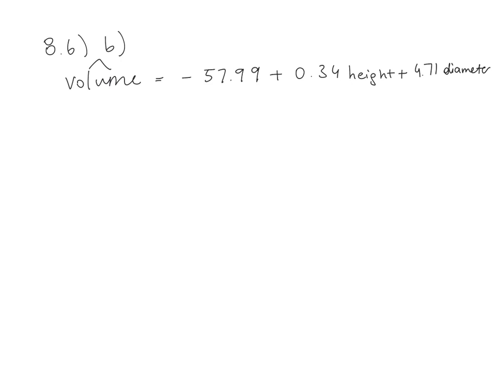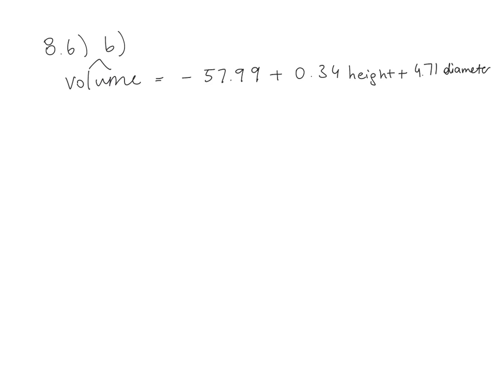So what we're seeing here is that the predicted volume of a tree is the intercept, negative 57.99, plus the slope of the first variable, height, plus the slope of the second variable, diameter.